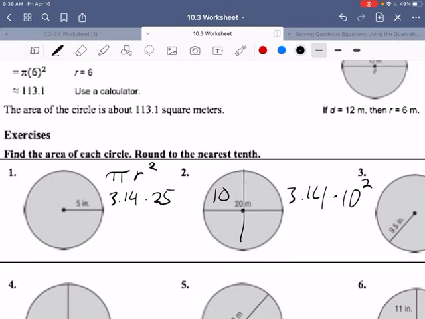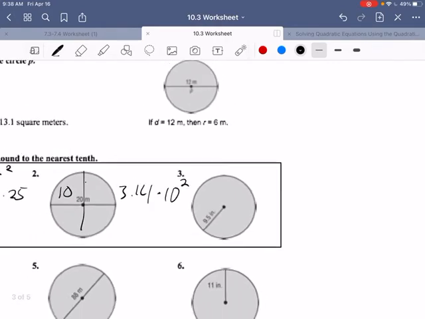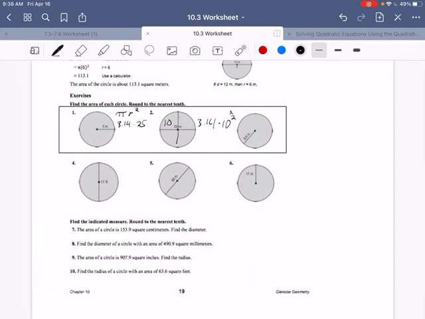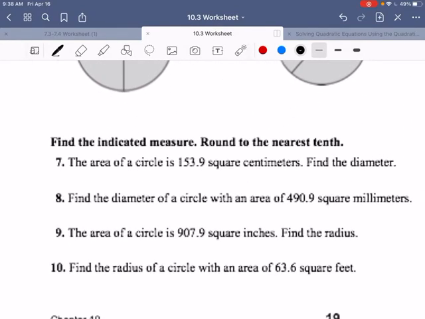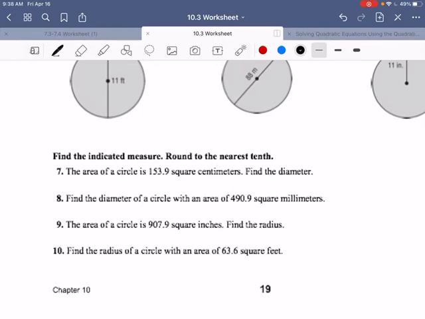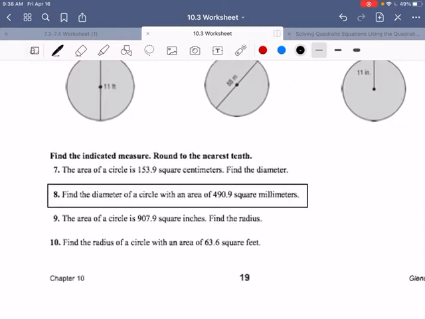Down here, I definitely want you to figure out how we're doing this. This is essentially like what we did in our previous lessons with circles, but we're flipping it around so that you can find the other information. Like in number 8, we're going to find the diameter of a circle when given the area. We use our formula, A equals pi times radius squared.